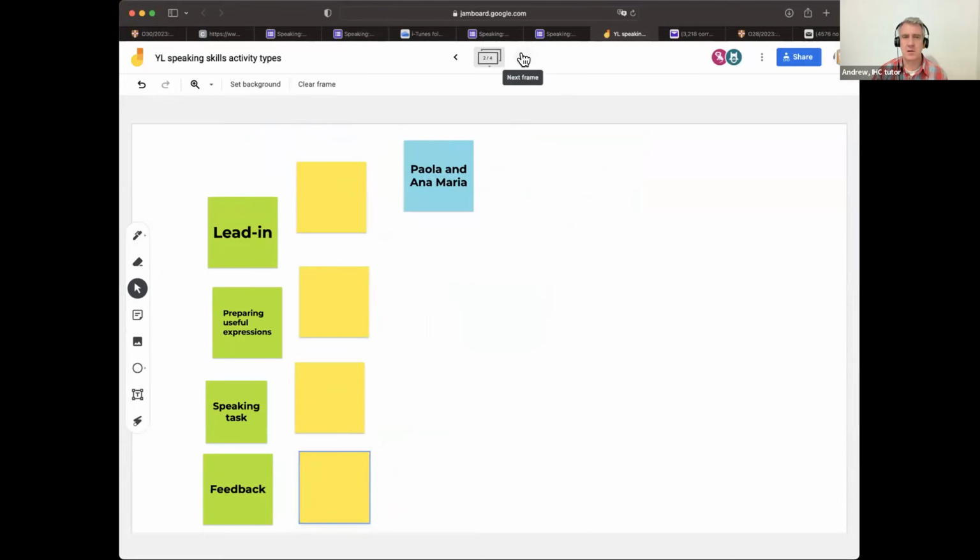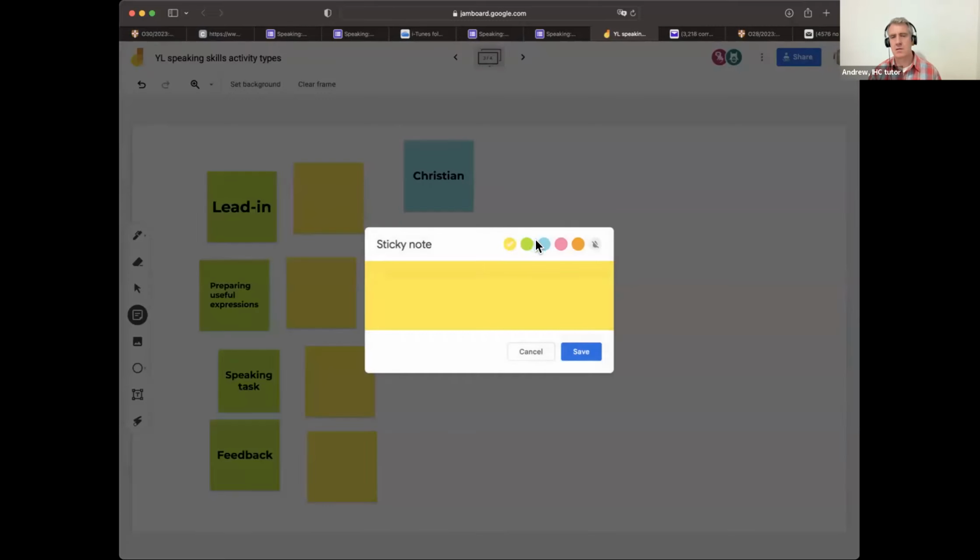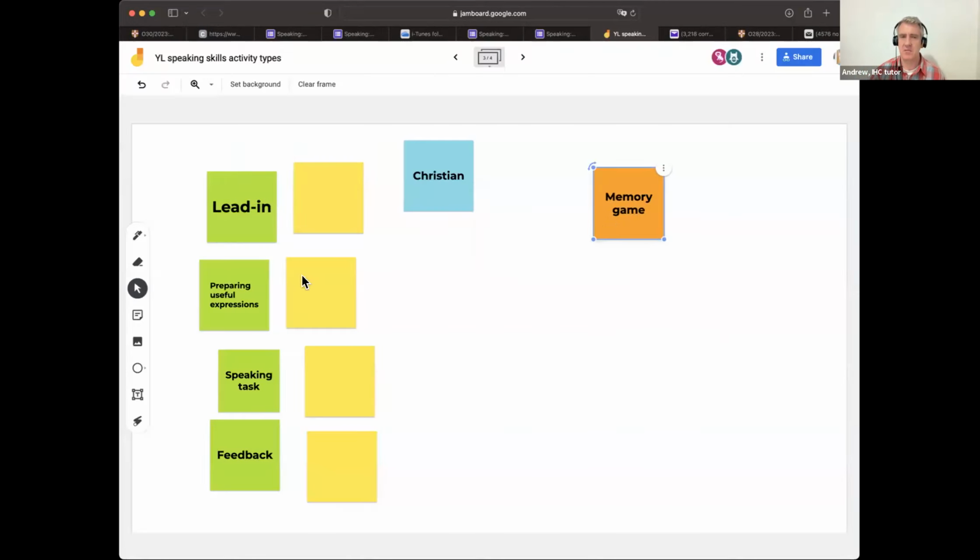All right, so you are on slide 3. And you're going to do memory game. See if you can build a lesson around memory game. So the speaking task is going to be the actual memory game itself. Right? But do they need anything before in terms of preparation?